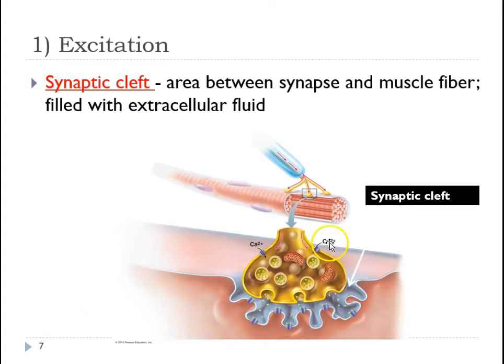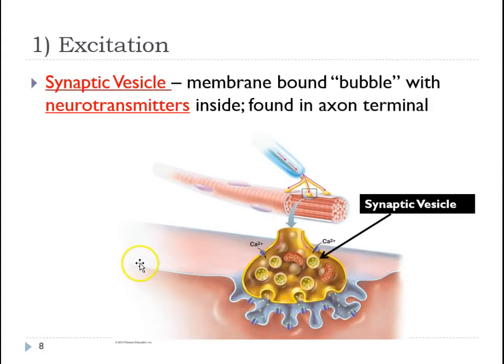The synaptic cleft is this opening in between the motor end plate and the axon terminal. The synaptic vesicles are going to be these little bubbles that are in the synapse. When an electrical current comes in, these calcium channels will open up and allow for these vesicles to do this thing called exocytosis.